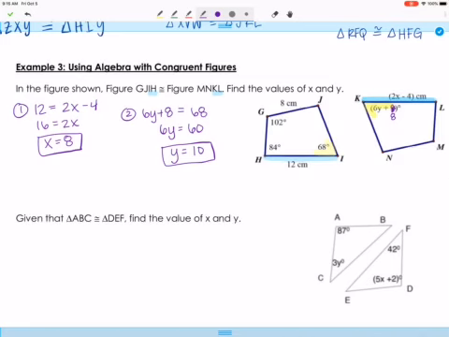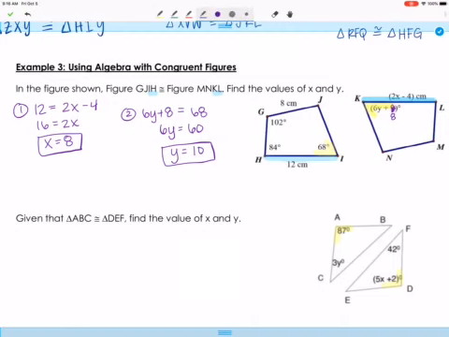If I'm given that triangle ABC and triangle DEF are congruent, find x and y. What I would look for in this case is that angle EDF, if I follow this congruency statement from E to D to F, should be the same as angle BAC, looking at the order of the letters.